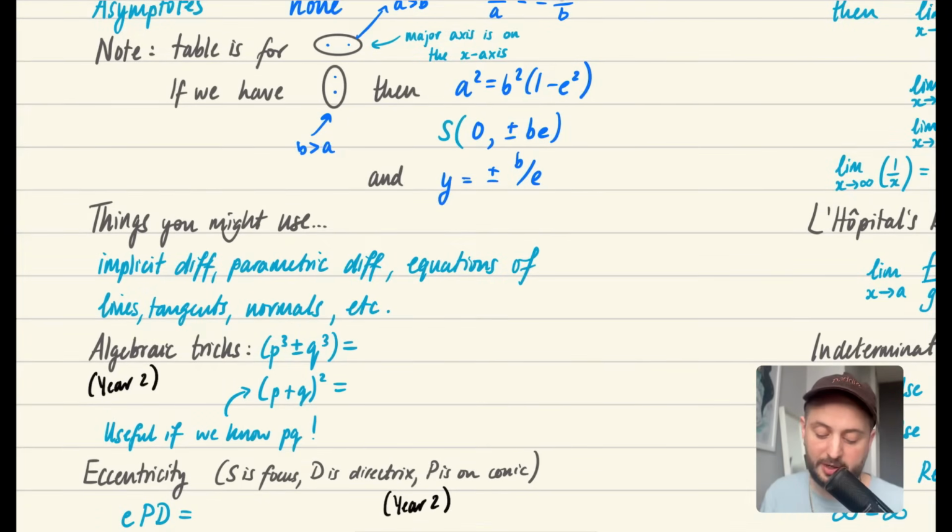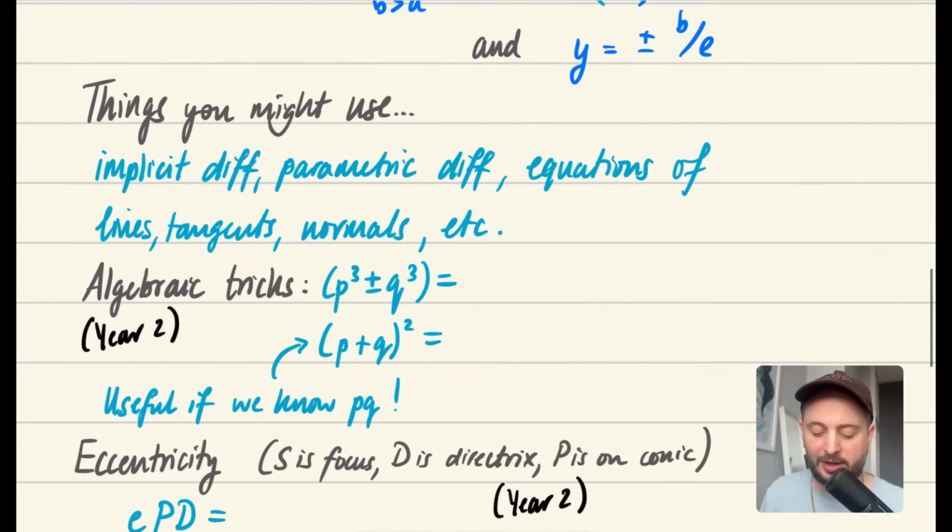Well, there are some algebraic tricks, particularly when you end up doing some stuff to do with loci. If you end up with something like p cubed plus q cubed or p cubed minus q cubed when you're doing something with one of these particular things that we've got here, where p and q are probably referring to some kind of parameters, well, you can actually do some factorizing with this.